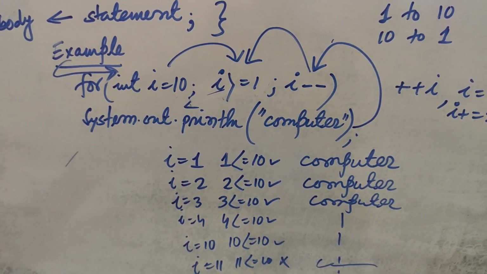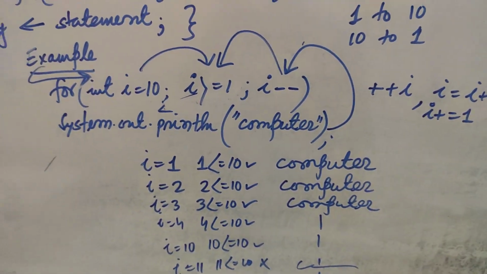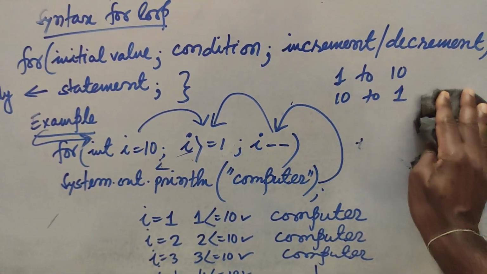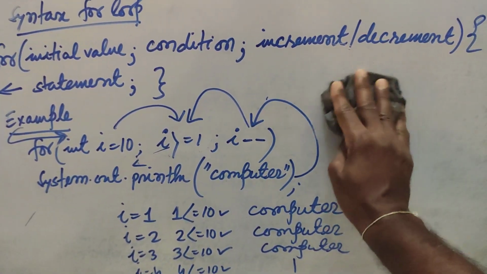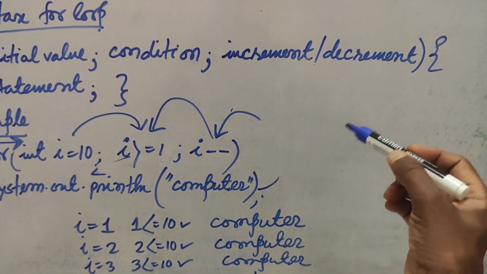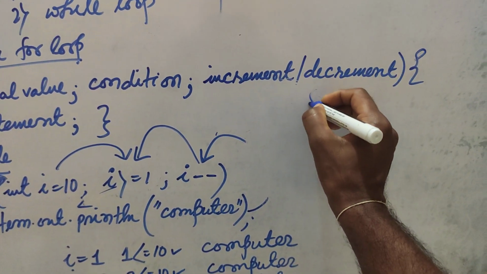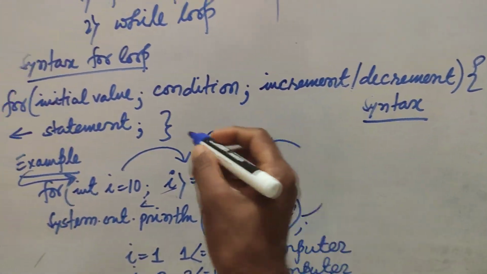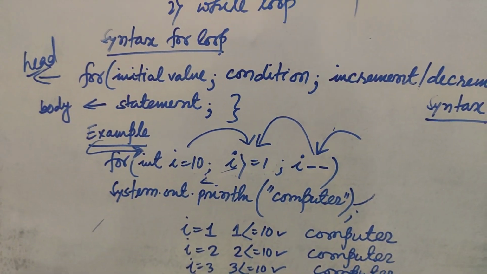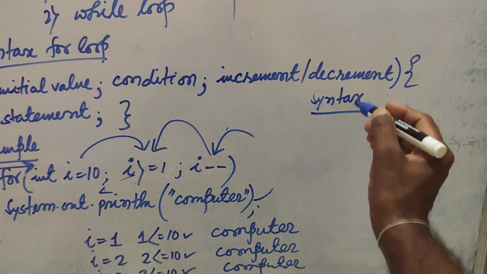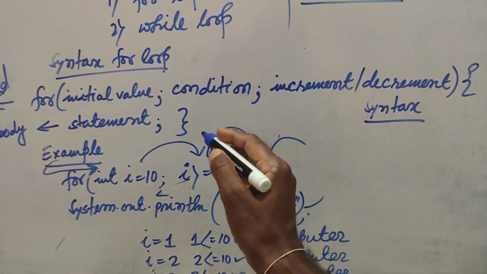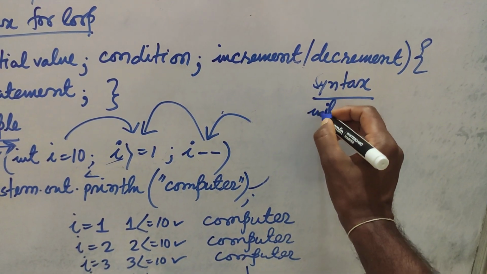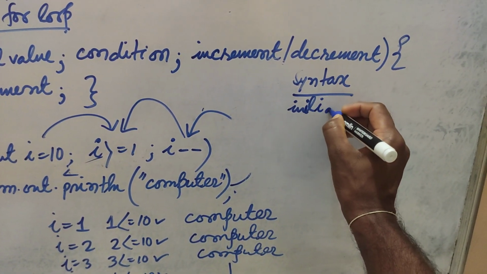for loop. Now the same thing, if I want to write by using while, now the syntax of while loop. Just you see the difference. Syntax will be different for for loop, while loop, do while loop. Syntax of while loop: first is the initial value.